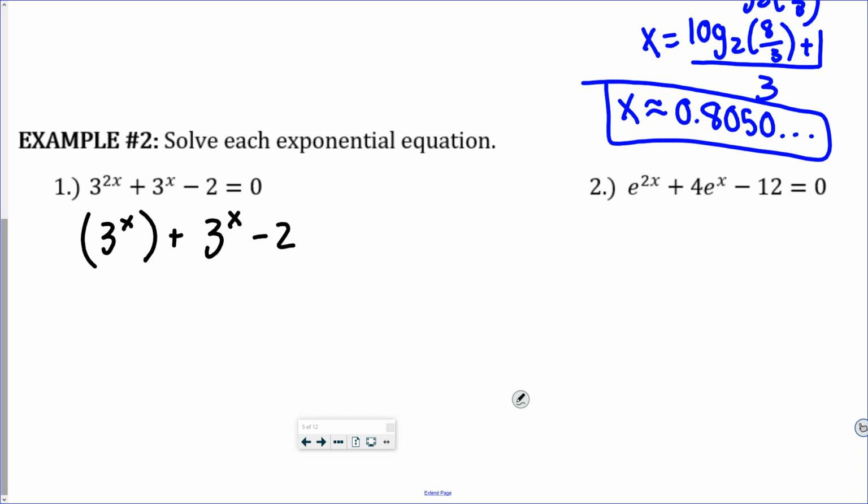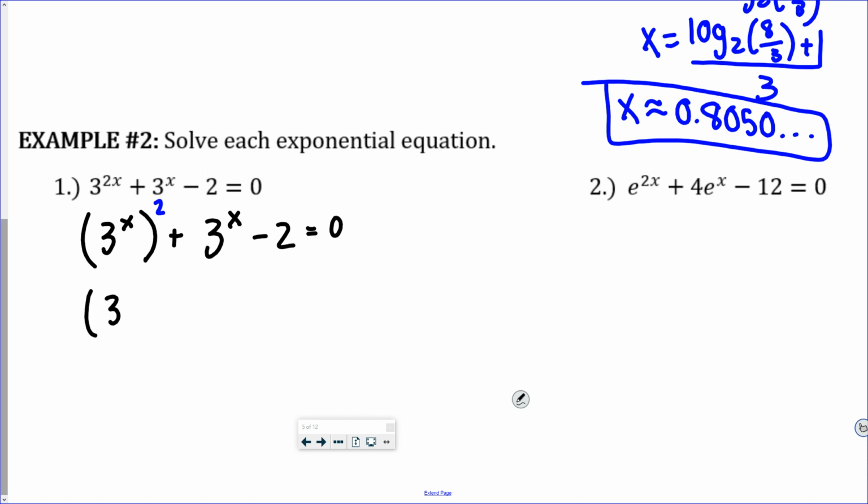So 3 to the 2x, I could rewrite it like this, right? Because power to a power you just multiply, kind of like using the exponent property backwards. And so this would factor into 3 to the x.